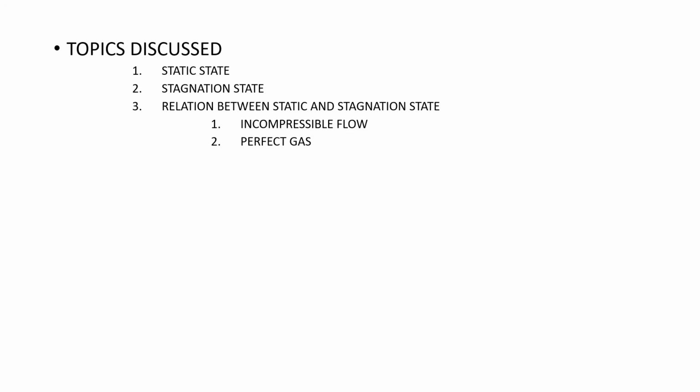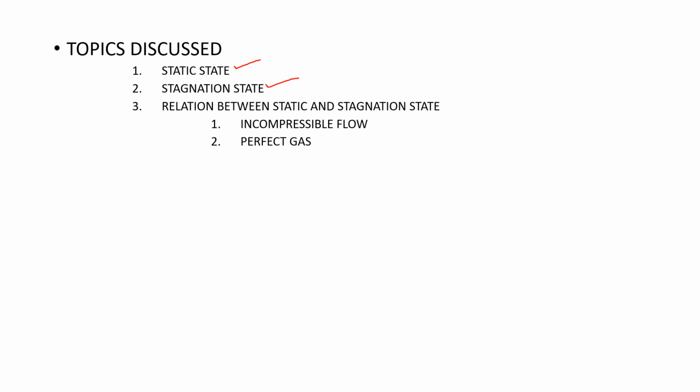Topics discussed in today's class: we discussed what is static state and what is stagnation state, along with the sketch. We tried to understand what is static pressure and what is stagnation pressure and the relation between them.